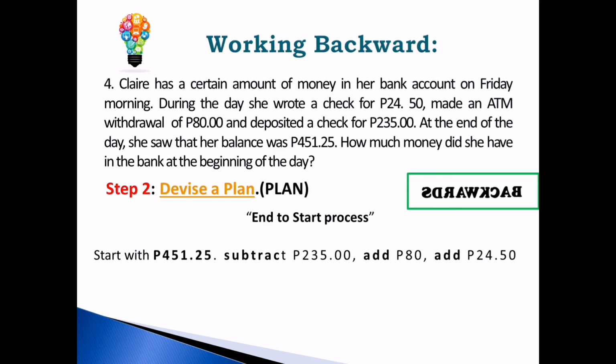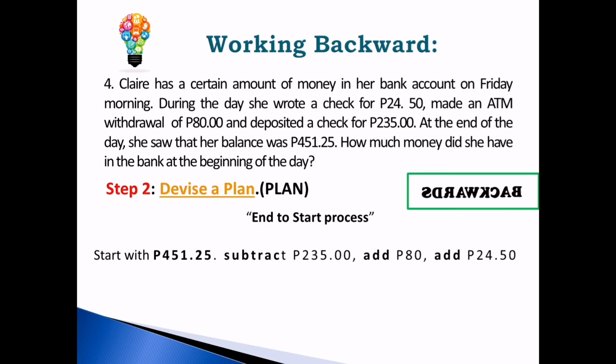Then we subtract 235 pesos because in reality, she deposited a check for 235 pesos. But in working backward, instead of adding it, it becomes subtracting or deducting it. So that is the opposite work when we have the backward process.